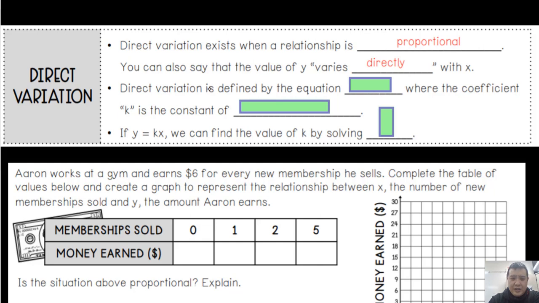So direct variation is defined by the equation y equals kx, where k is the constant of proportionality. If y equals kx, then we can find the value of k by doing y divided by x, and that helps us find the unit rate. So k is our unit rate, also known as our slope.